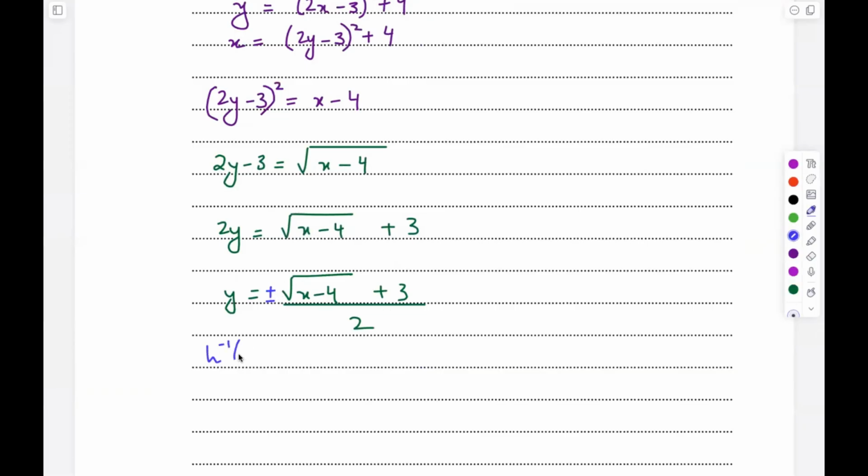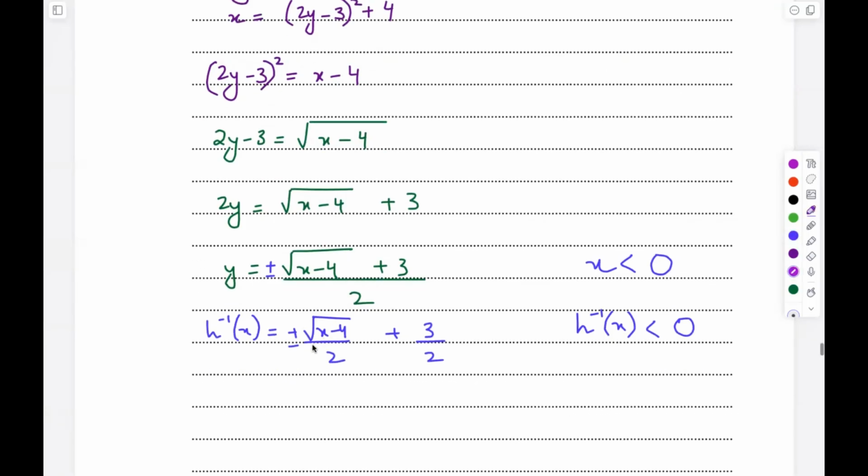We know that this h inverse of x can be written as plus or minus square root of x minus 4 upon 2, plus 3 upon 2. Now, as this also has to be less than 0, the domain of h of x was less than 0, which means that h inverse of x will also always be less than 0.